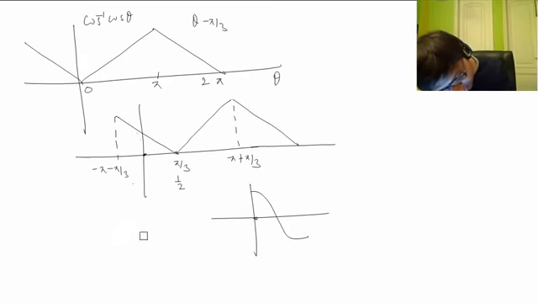So the direction is opposite because it is a decreasing function. So this is 1, and then it goes on like this. This is 1, this is pi by 3, this is pi by 2, so pi by 2 will be 0, that way. Fine.